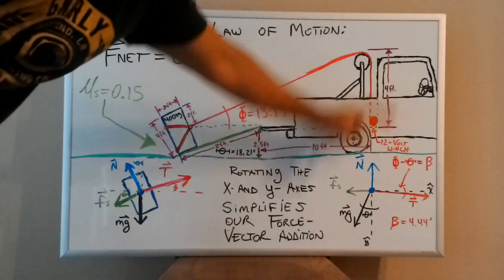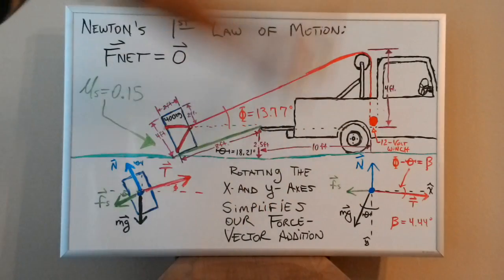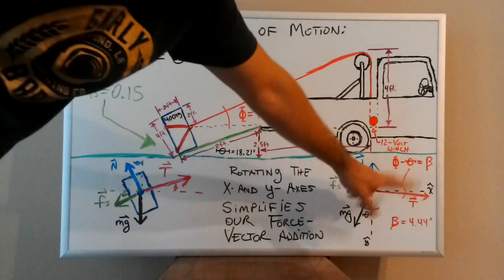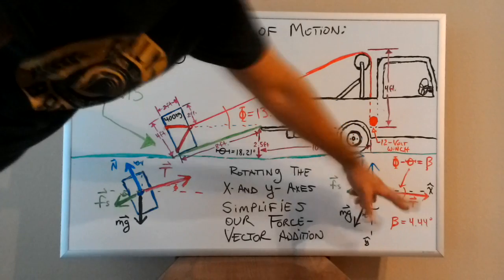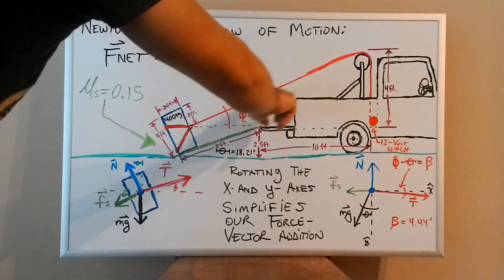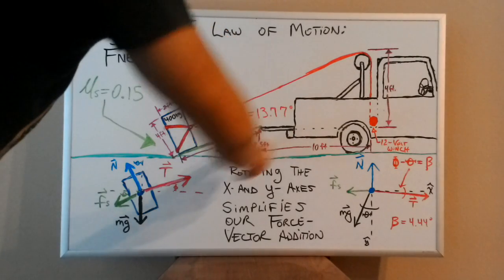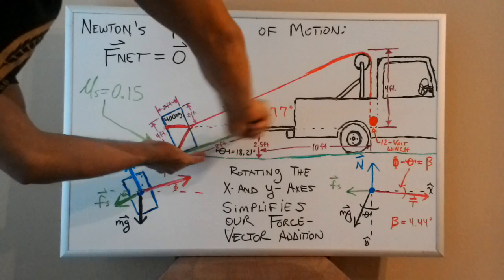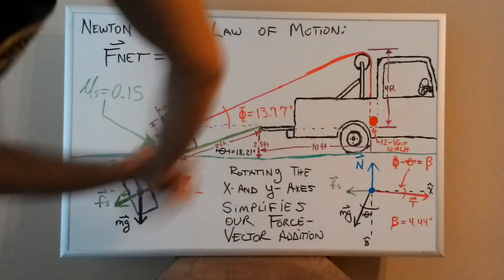We have our normal force, friction, those are both pulling on the axes. Gravity's at a little bit of an angle, and our force of tension here is actually dipped a little bit below because the angle there now is our phi minus theta, and that's the relation of tension force with respect to the ramp.